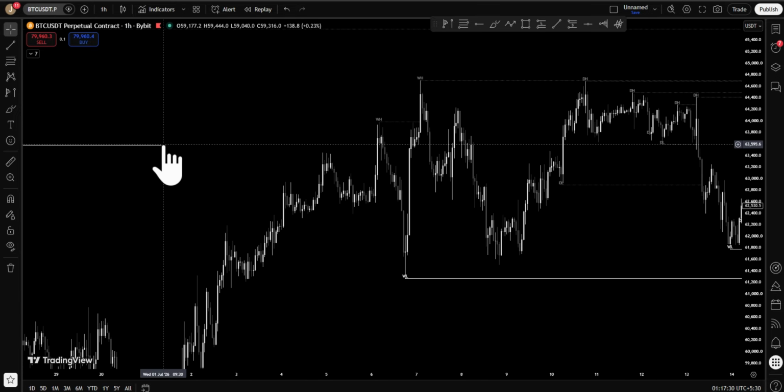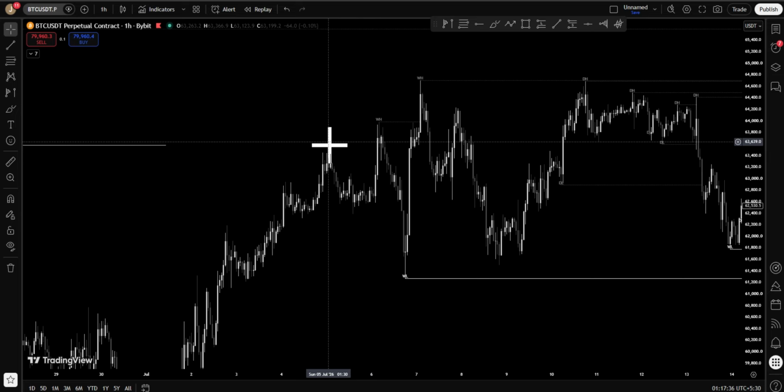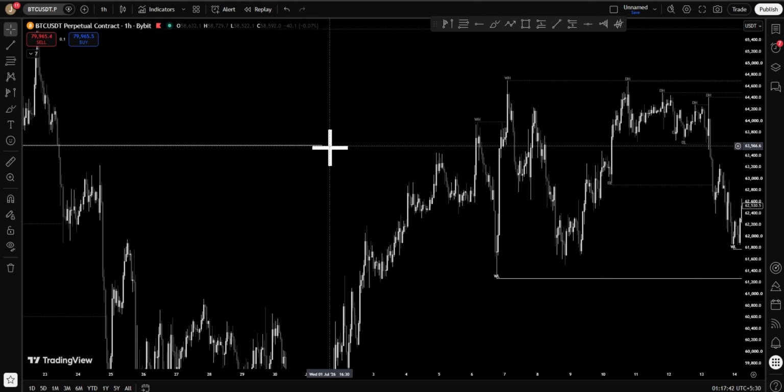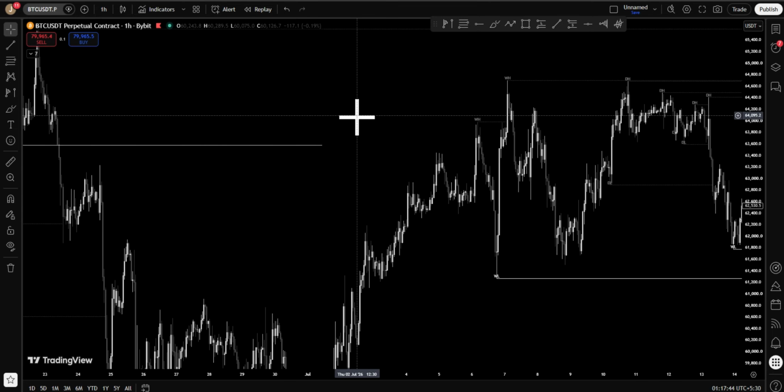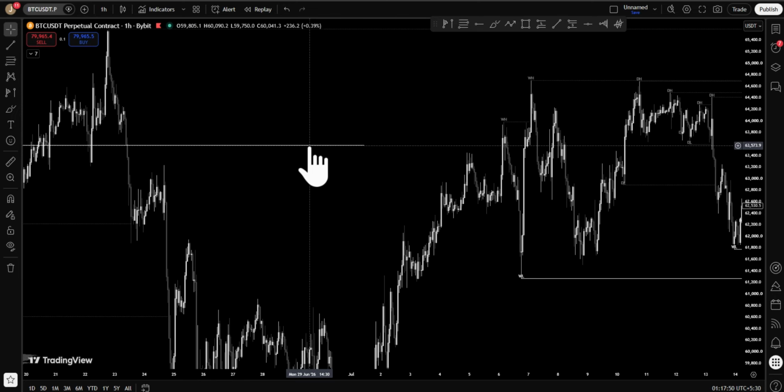And now, what is draw on liquidity? It is a weekly high, monthly high, or daily high or lows. They are clear draws on liquidity, above or below which there is a good amount of decent liquidity resting, so that whenever the price approaches those levels, there is a high probability of a reaction that we can capitalize on and make money.